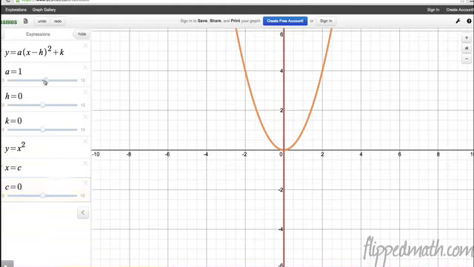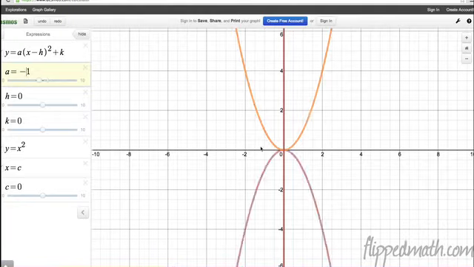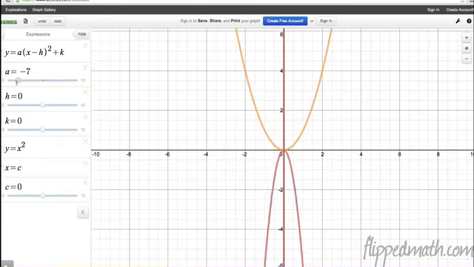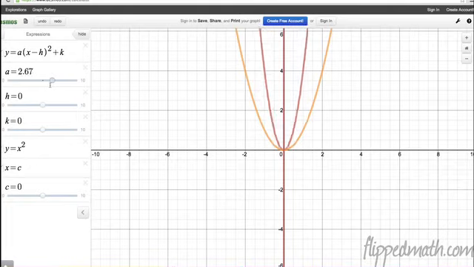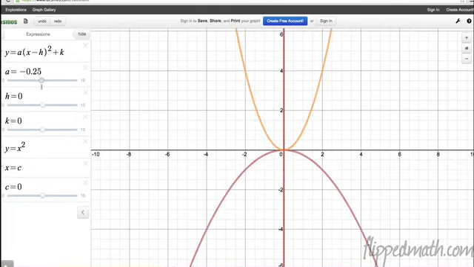Right now I have a positive a, and it goes up, right? What happens if I make that a negative? It opens down. Let's see, is that true for all negative values? Yeah, it looks like all negative values are going to be upside down. Positive values are going to be opening up. Negative values are going to open down.